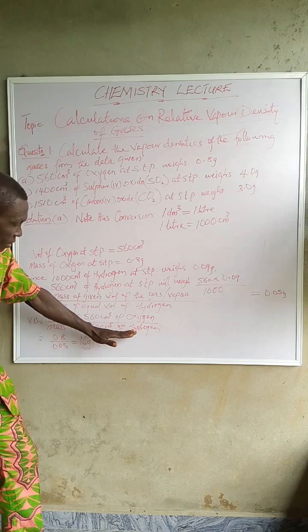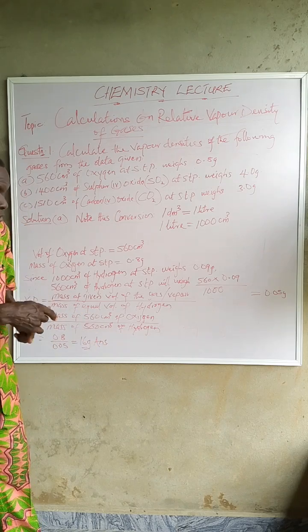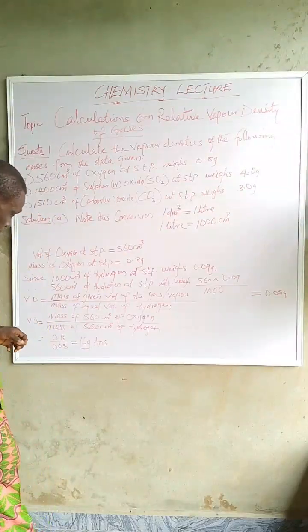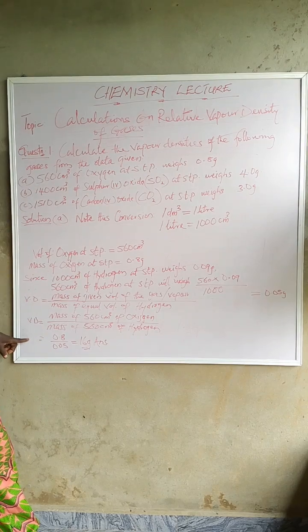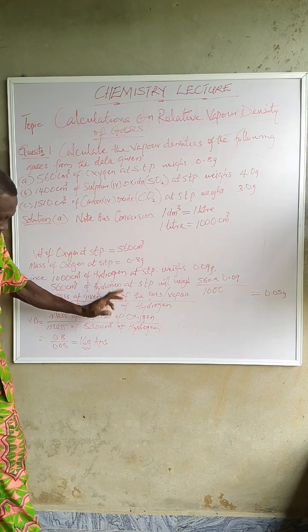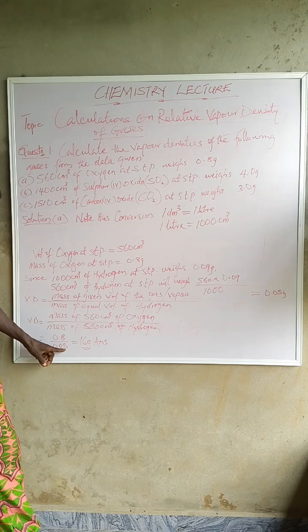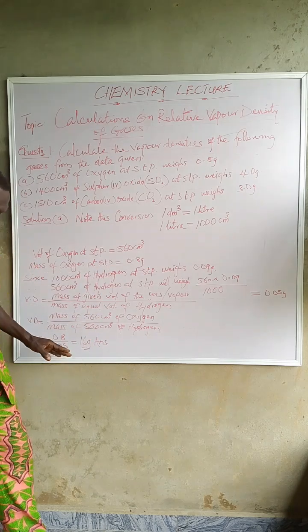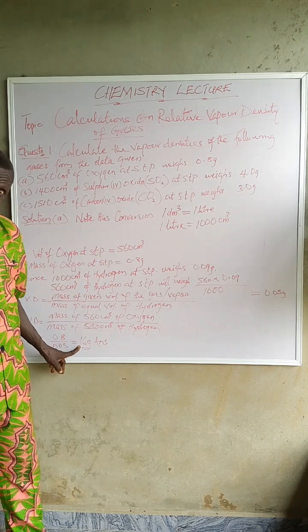Substituting the values, vapor density will be equal to 0.8 grams of oxygen all over 0.05 grams of hydrogen. If you calculate this, you have 16.